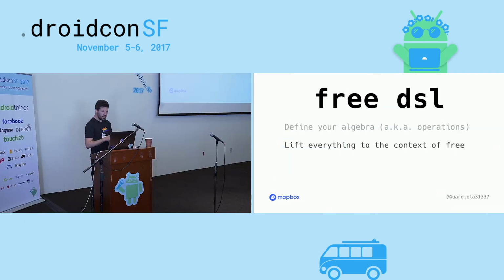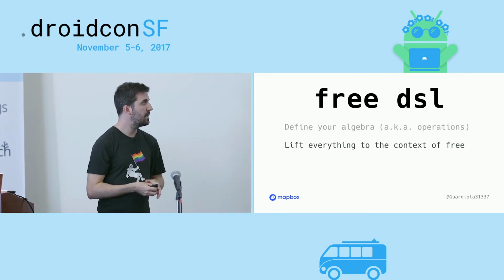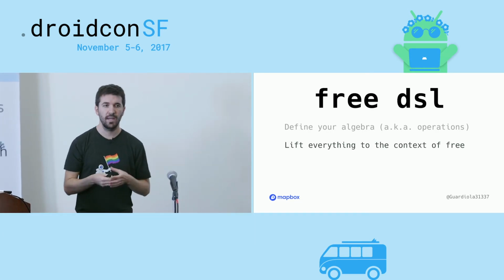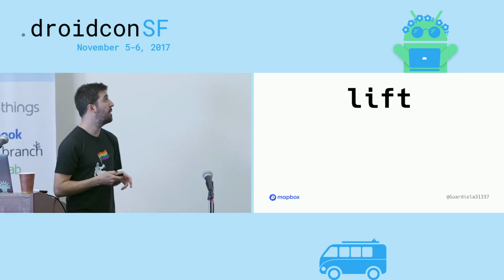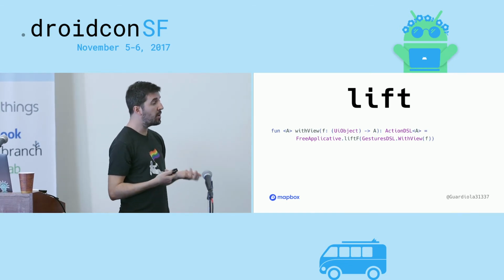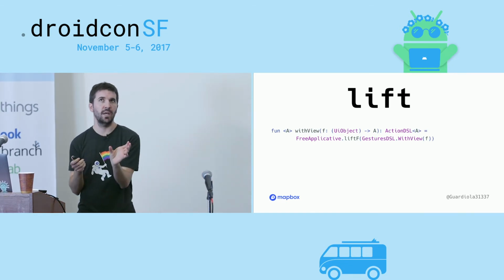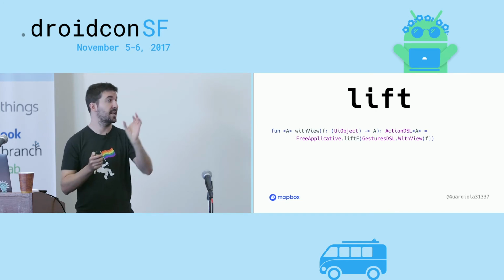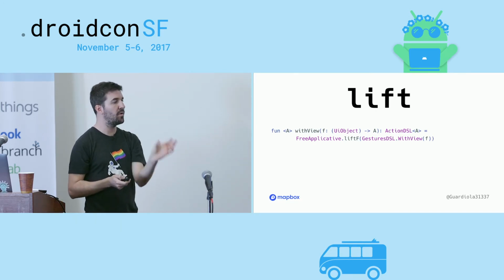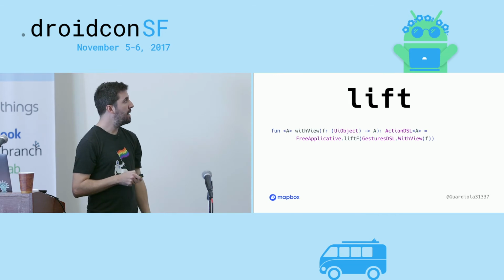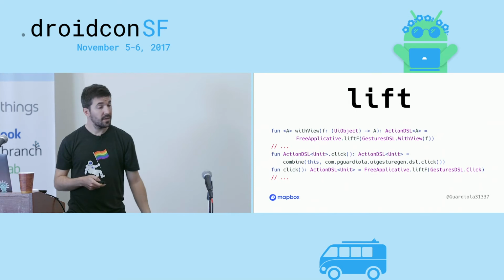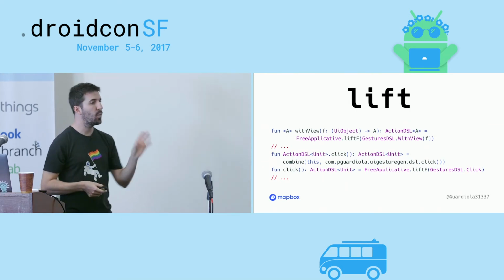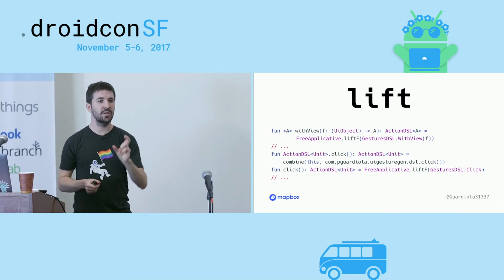And then we need to lift everything to the context of free. Basically, what we need to do is create the objects. Somehow we need to instantiate the objects of all of our operations. And we do it like this. What we are doing right now is reifying the operations in memory.